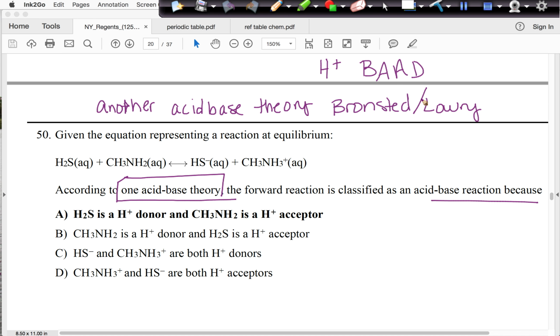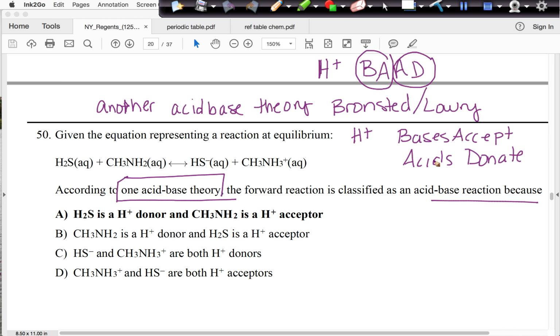For this acid-base theory, bases are acceptors, acids are donors. So it's H plus: bases accept, acids donate. So they're asking for somebody to be a donor and an acceptor of H plus.